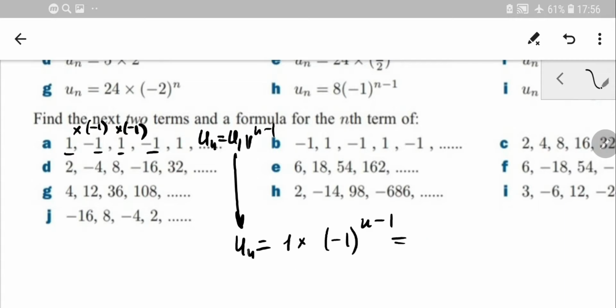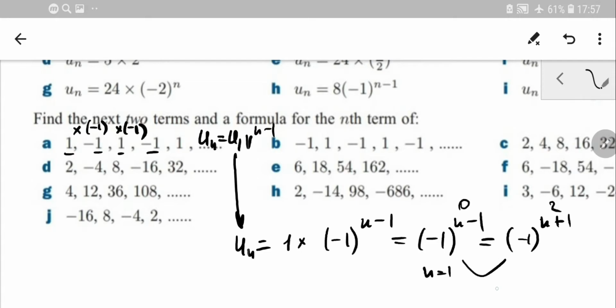Of course, we just leave -1 to the power n minus 1, and that's it. Obviously, if you see a formula similar to that, it doesn't matter, because when you plug in n equals 1, here you will get 0 while here you'll get 2. In both cases, you will have the first term equal to 1, and that means it is correct.